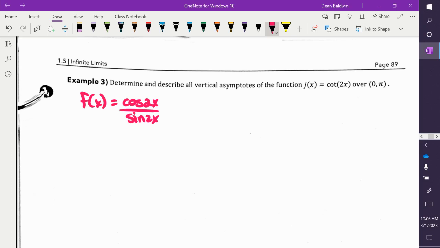Do I care about cosine? No. Sine 2x cannot equal 0, right? Because if it does, then something weird's going on. So essentially, sine 2x cannot equal 0.